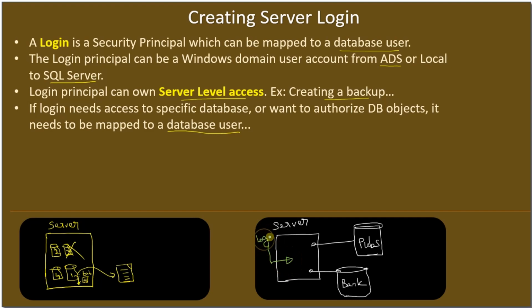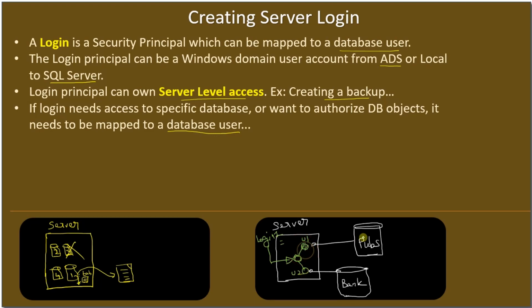That's what is called a login, right? So a login can be mapped to a user. Here let's say this is user 1 and this is user 2. If you look here, let's call this login 1. With some username and password, they can enter inside the server, and that login 1 can be mapped to database users U1 and U2.